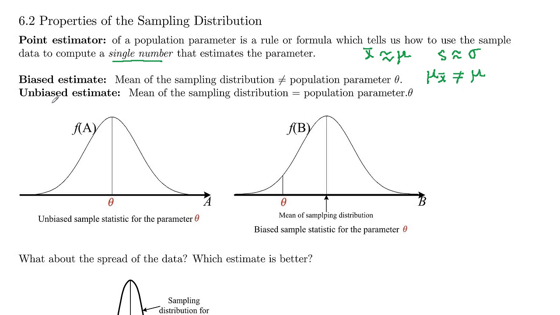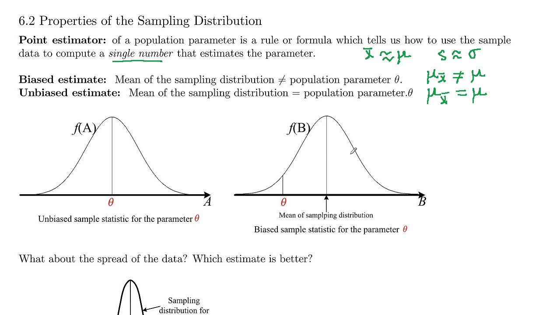And then an unbiased estimate is when the mean of your sampling distribution does equal the population parameter. So the mean of the sampling distribution of X bar, the sampling distribution of the sample mean, is equal to the mean of the population. That's unbiased. So we want unbiased estimates. So we want this to be true like it was up above.